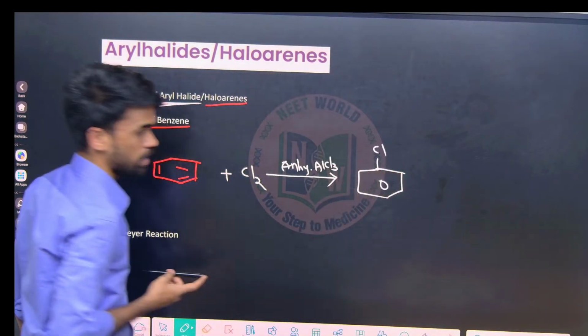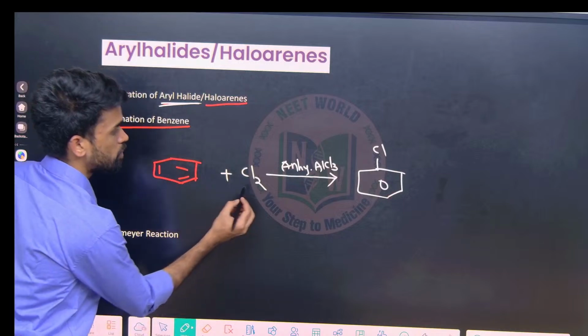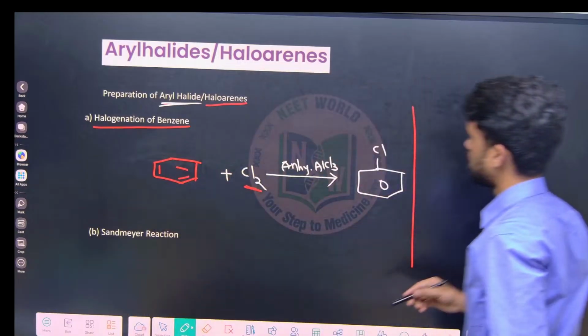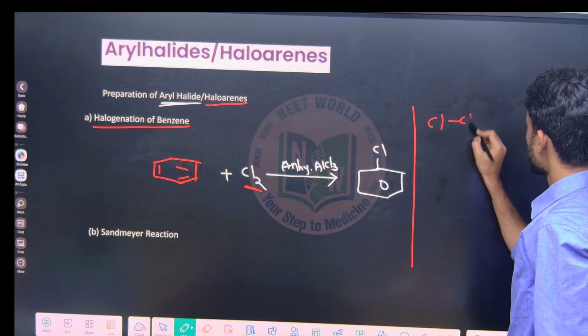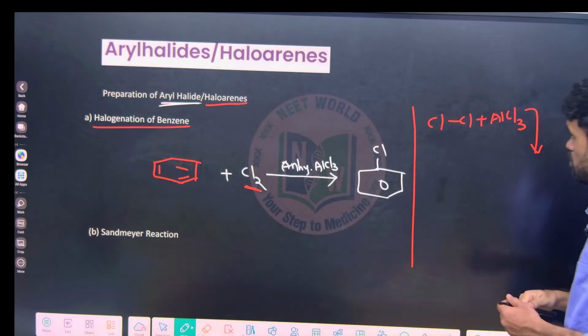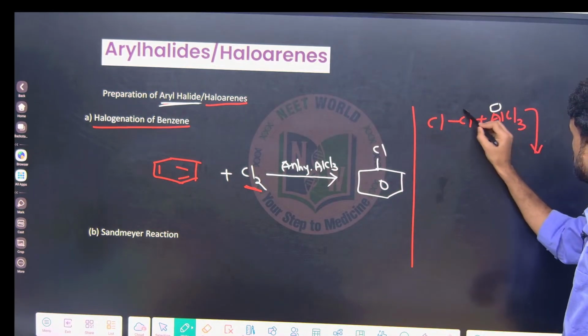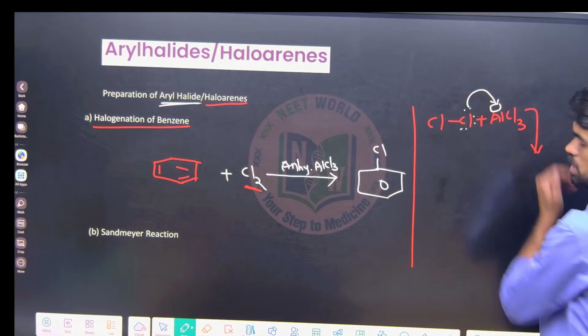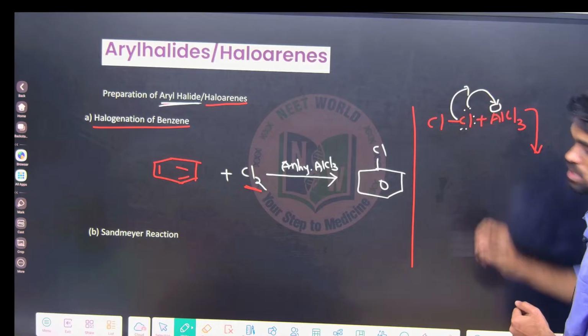And what is the electrophile involved here? First of all, chlorine and anhydrous AlCl3 react. So together what will it form? Here you have a vacant orbital, and lone pairs are given here. So the chlorine is removed with the pi sigma bond.